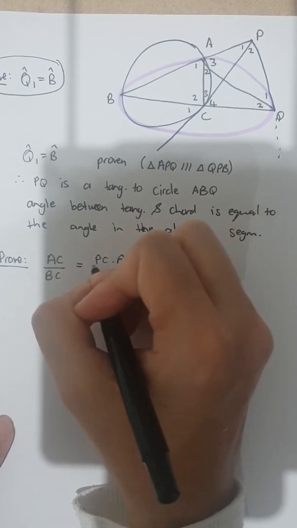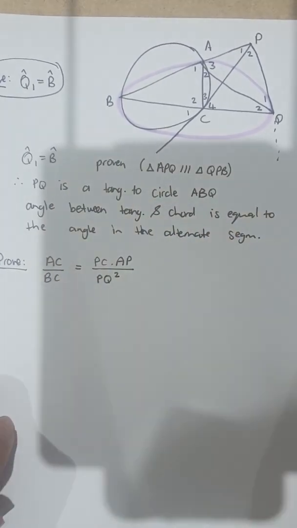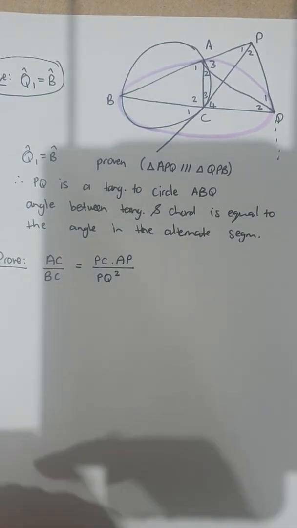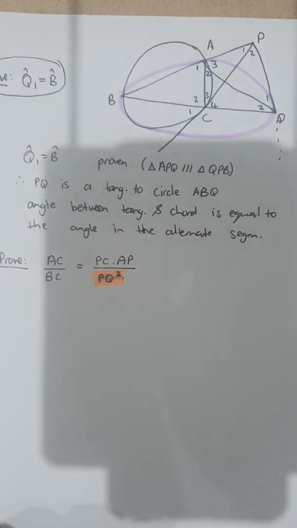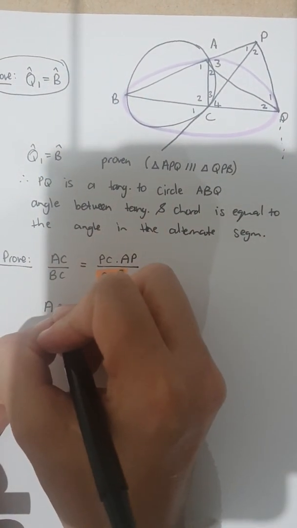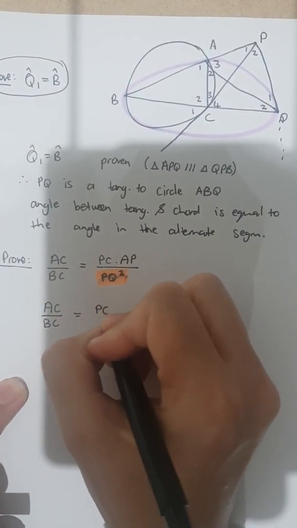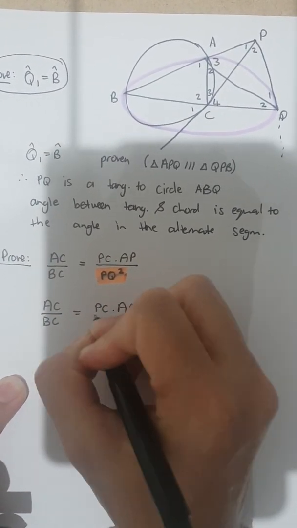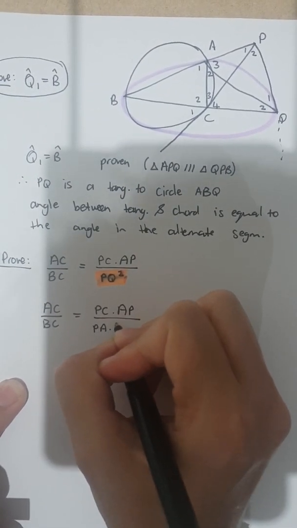Now, I have proven PQ squared equals to what? I've proven that in question 2. In question 2, I have proven that PQ squared is equal to PA times PB.